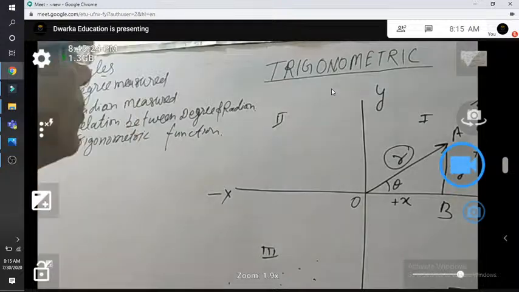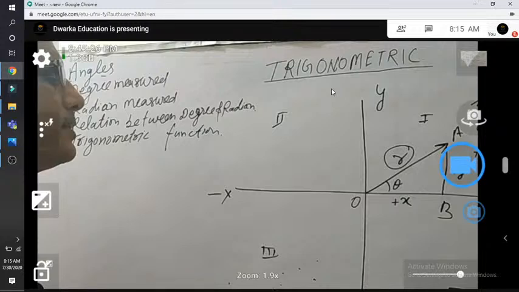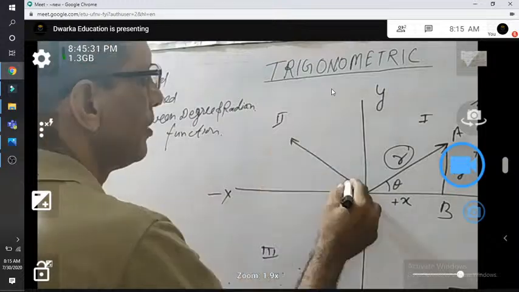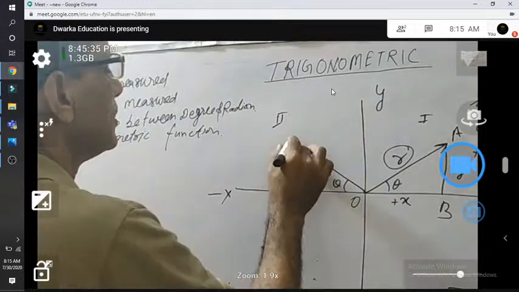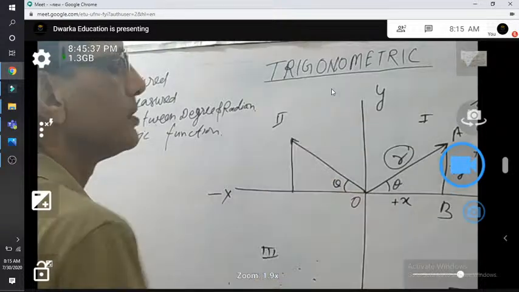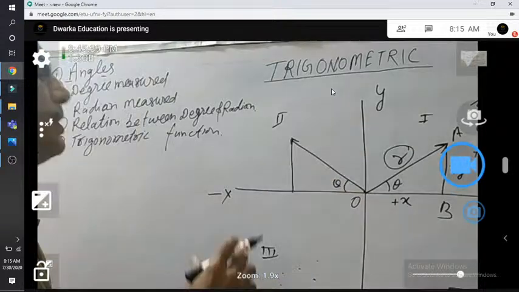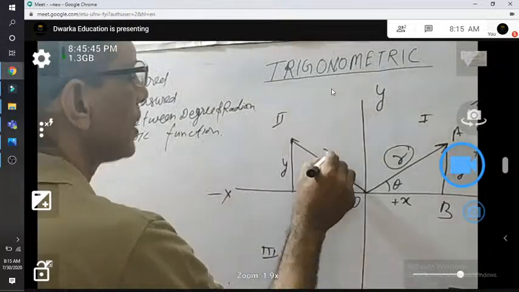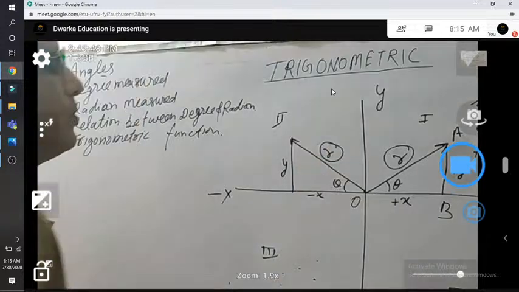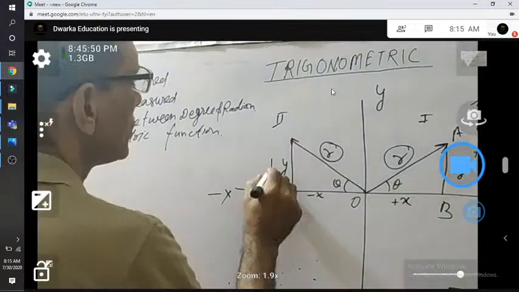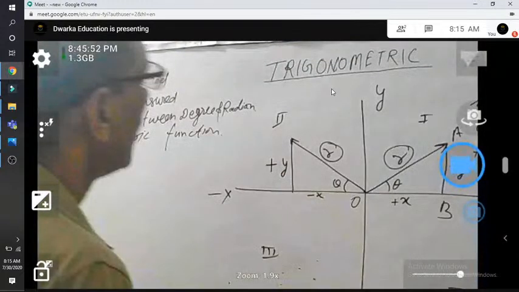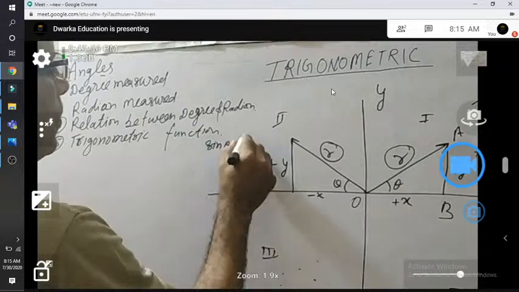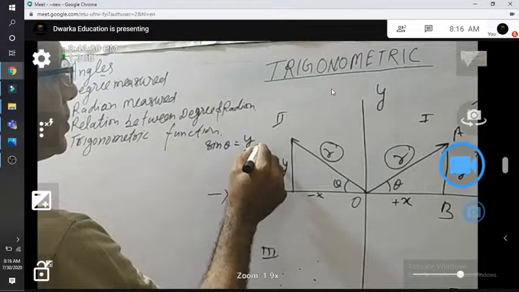Now in the second quadrant, this is the angle made by the vector, and this is the perpendicular. In this figure, this is equal to minus x, this is equal to y. This r is a positive value, and y is positive. So sine theta is equal to y upon r, both are positive.